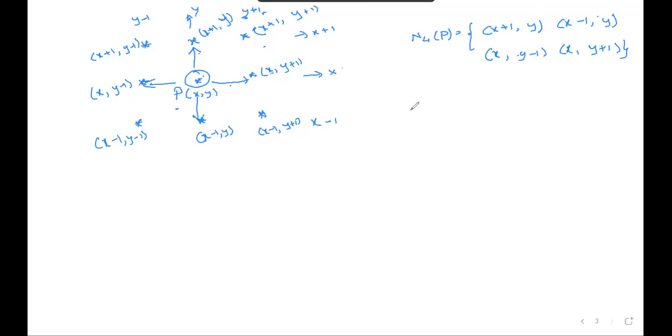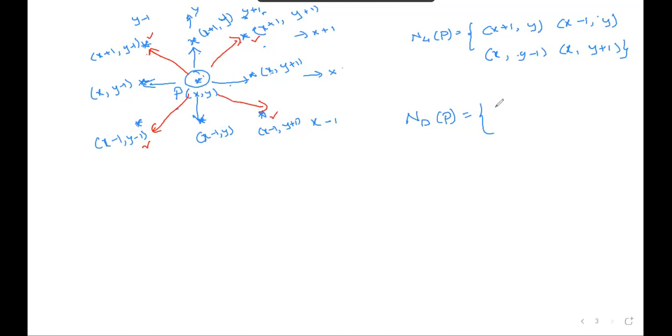Next, ND of P. I have represented ND of P with red color. See, the diagonal axis: the pixels which are at unit distance on the diagonal axis. So this one, this one, this one, and this one. These 4 pixels are diagonal pixels.